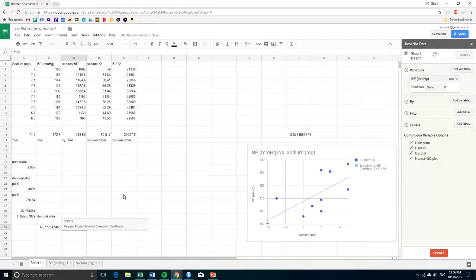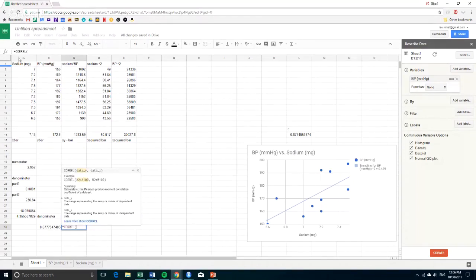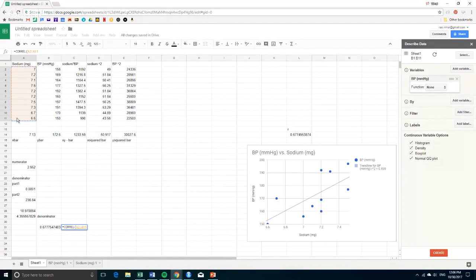The CORREL function is in Excel, but it also exists here in Google Sheets. So we use CORREL, and then we have to select our 2 variables, the X data and the Y data, and that matches up exactly with what we calculated the long way. The correlation coefficient is 0.6777. So how do we interpret that?